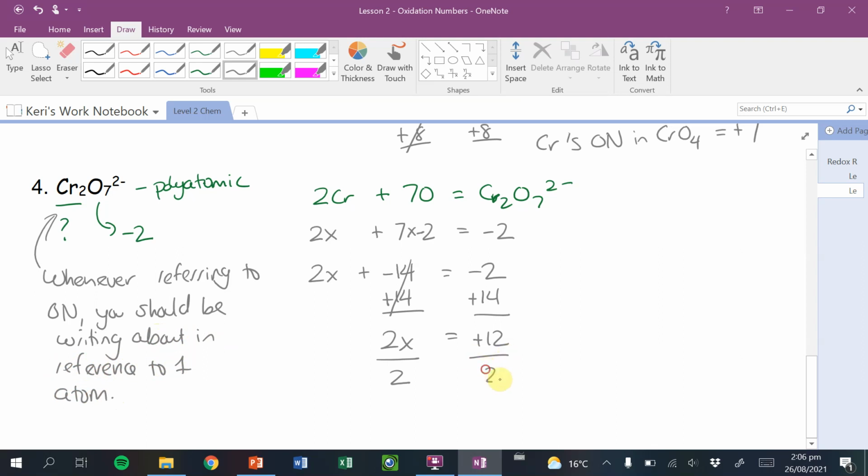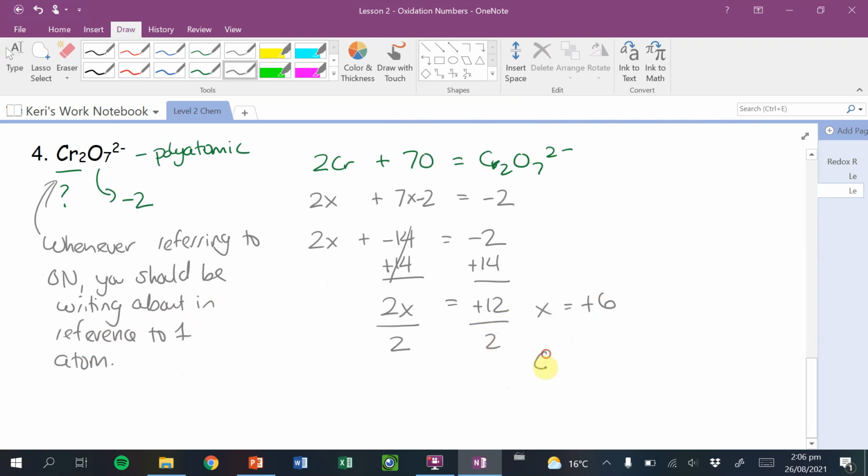So divide by 2 on both sides, so x equals positive 6. So chromium's oxidation number in dichromate, which is that molecule, is equal to positive 6.